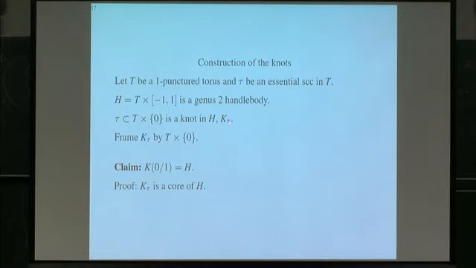We're going to frame this knot by thinking of tau as a simple closed curve in the middle level of this product, and framing it by T cross 0. That lets us use coordinates to describe the surgery, and in particular, the 0 surgery on k sub tau is a handlebody.